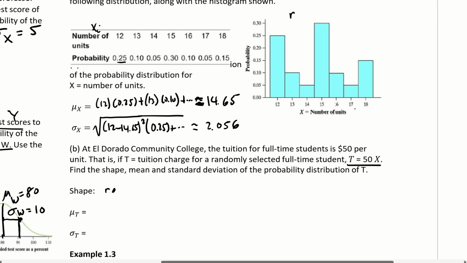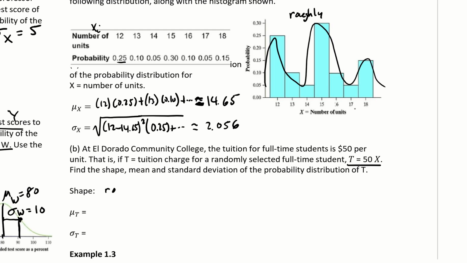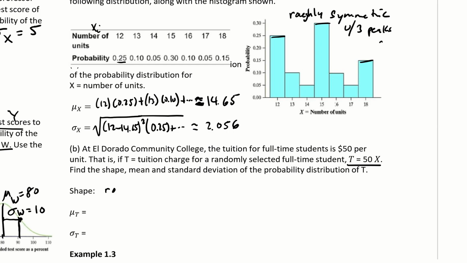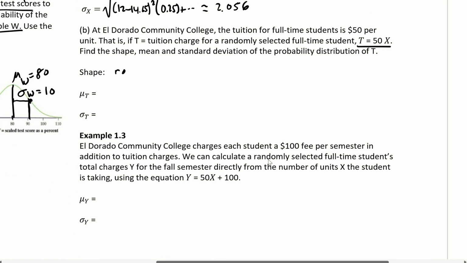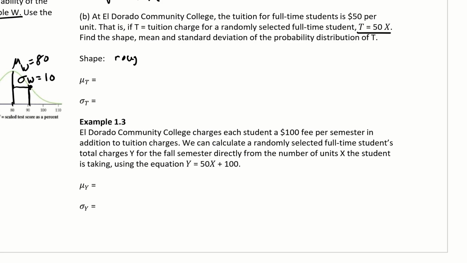The shape of this appears to be roughly symmetric. And it has 3 peaks though, right? We have the 3 peaks at 12, 15, and 18. And so that's going to be the same shape here. So this is going to be a repeat of that, so roughly symmetric.